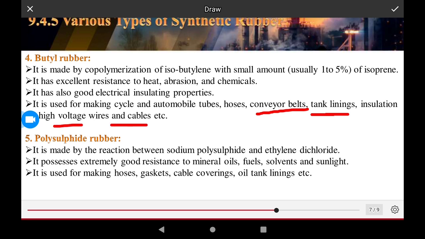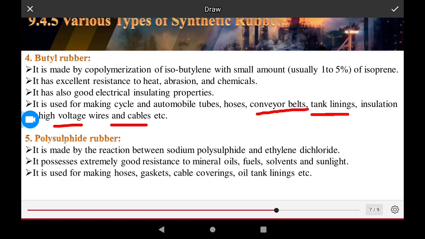The application of rubber in electrical instruments, computers, and wires is very important in human life.